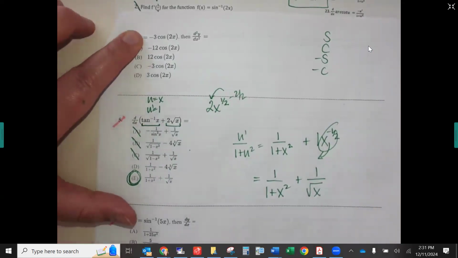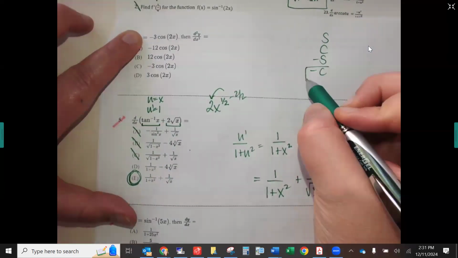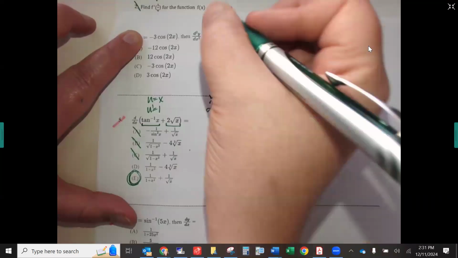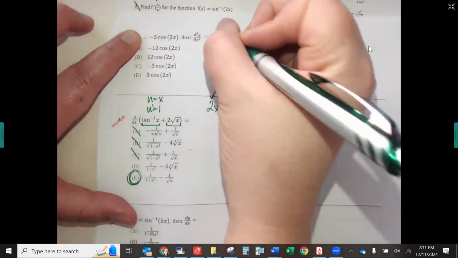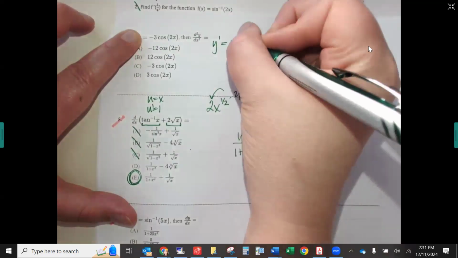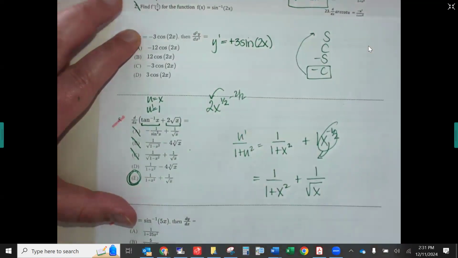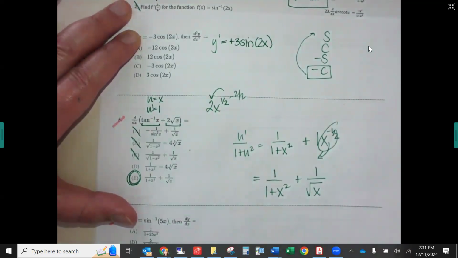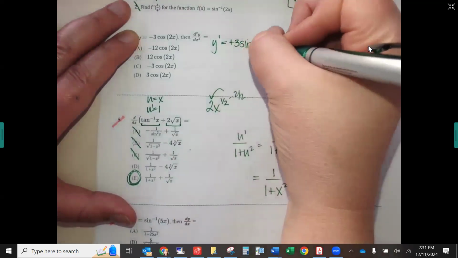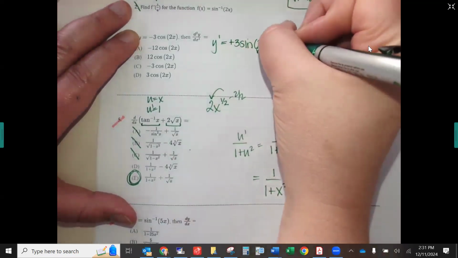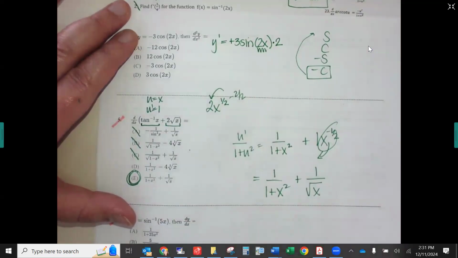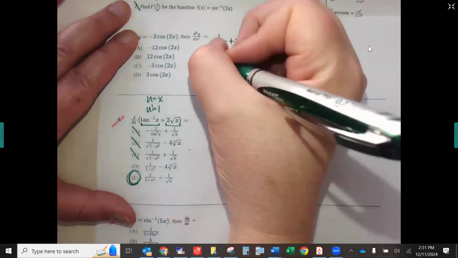This is a negative cosine, so then the derivative of negative cosine is going to go back up to positive, so y prime equals positive 3 sine 2x. 2x stays the same, but then what do you have to remember to do if your inside is a 2x? Chain rule, what's the derivative of 2x? Times 2, which means what is that number in the front really? If it's a 2 in the back times a 3 in the front, 6.